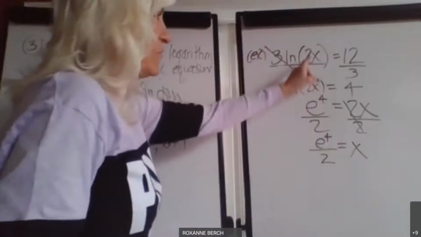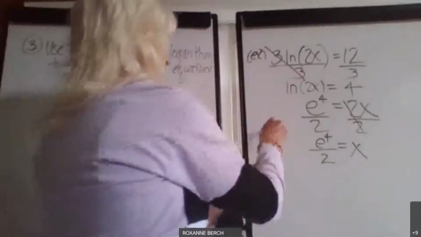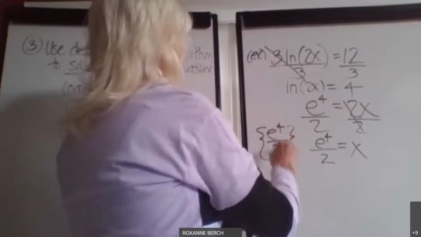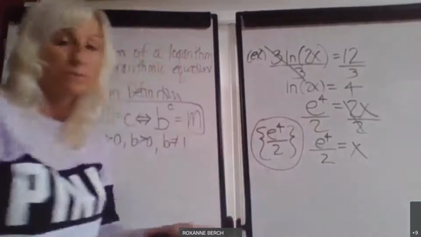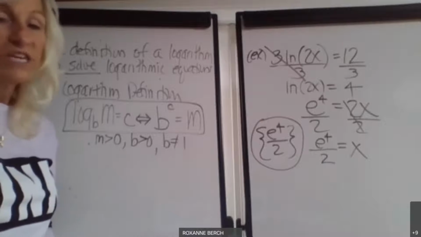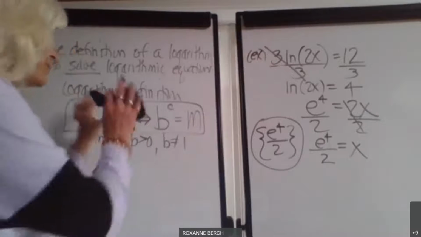So a positive multiplied by 2 is a positive. So this is a good answer. We're just going to leave it like that. Unless they want us to approximate it, fine, but why approximate if we don't have to? In this one, we got rid of this number in front by dividing by it so that we could put it in this form.